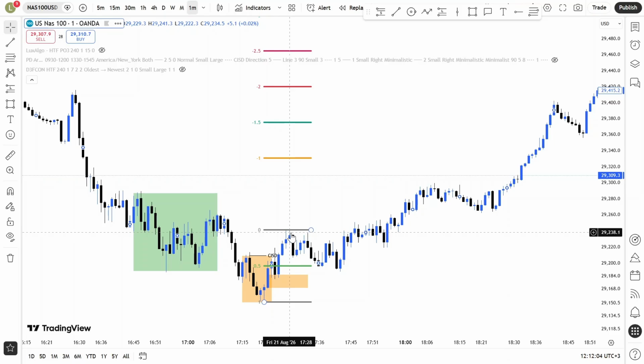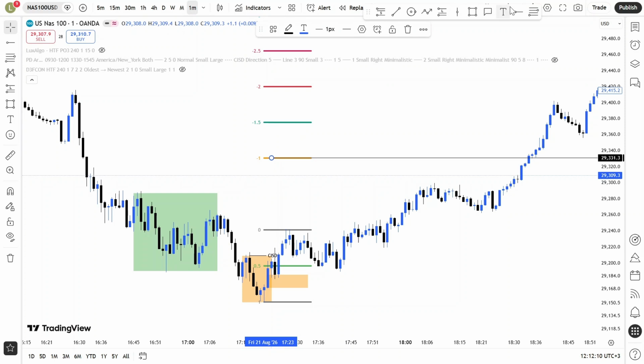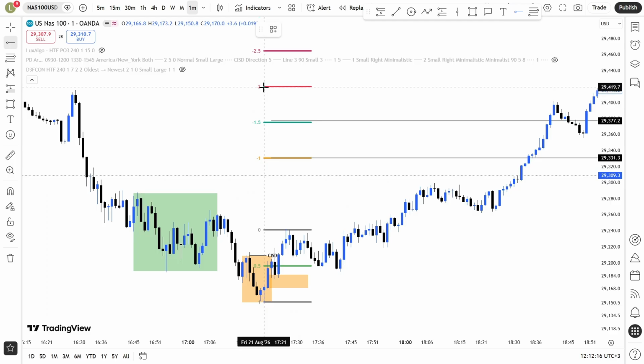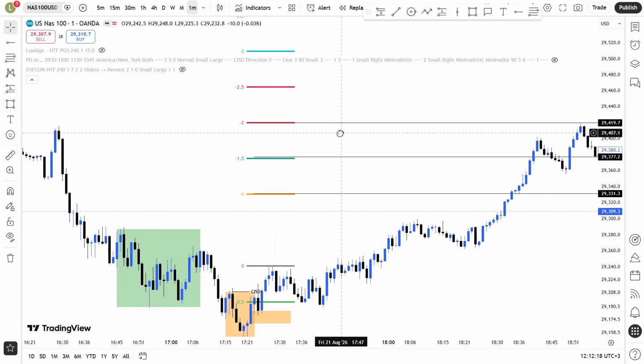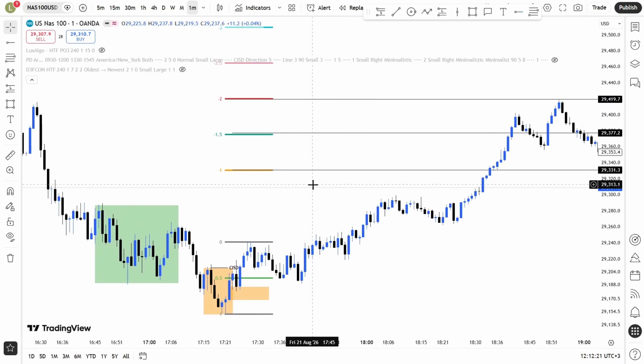Okay. And then now we want to take profits at these points here. -1 can be take profit 1, -1.5 can be take profit 2, -2. You see, these can be our take profits here. Even -0.5. Let me try to add it on.